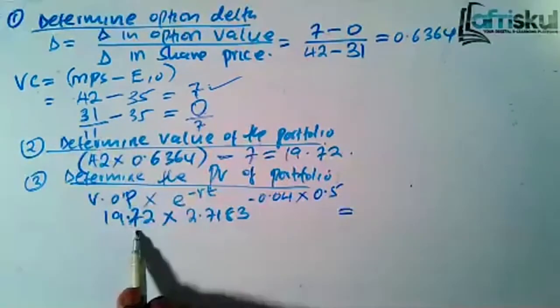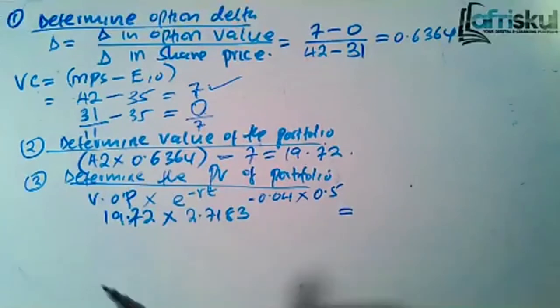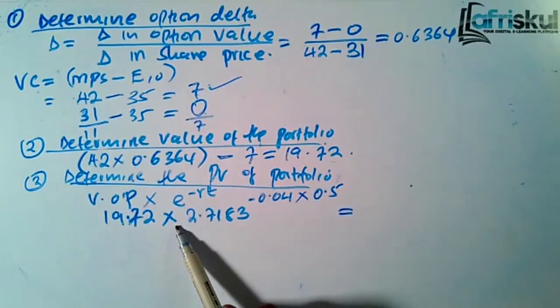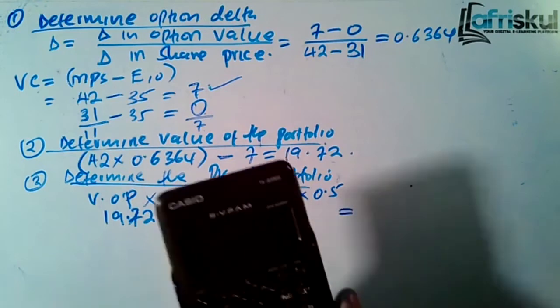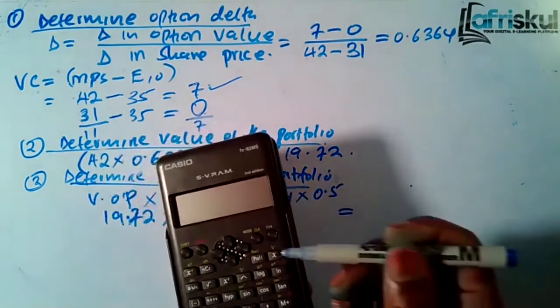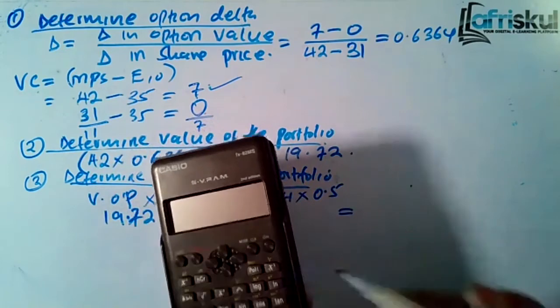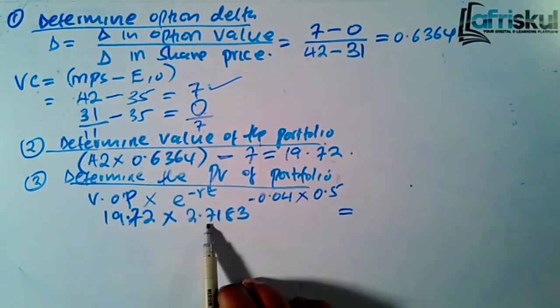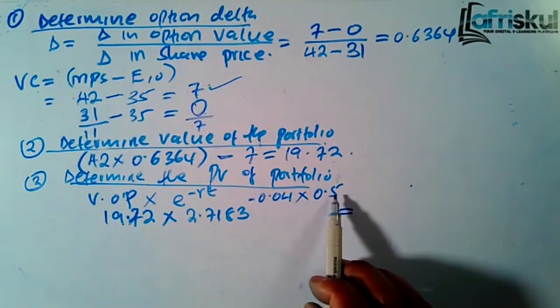So it's 19.72, the value of the portfolio, and now you're getting its present value. So it's 19.72 times e, the exponential. This one is from the calculator. You press shift, then the natural log key, and you'll get e. So it's 2.7183 raised to the power negative 0.04 times 0.5.